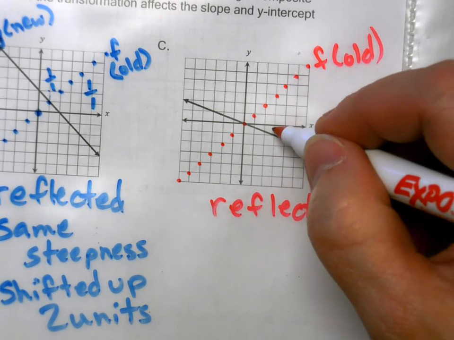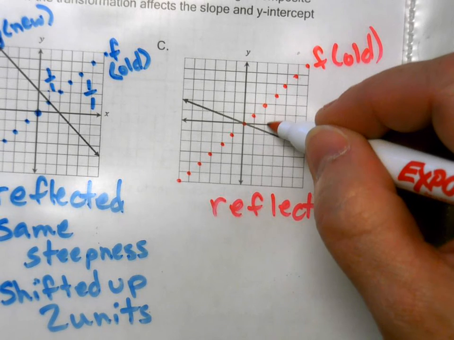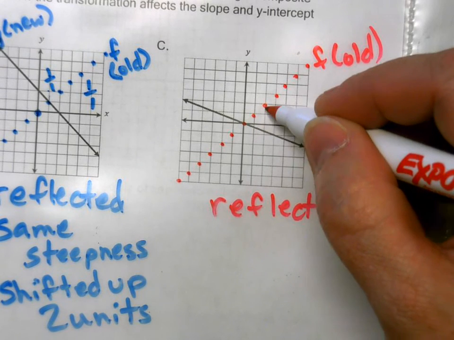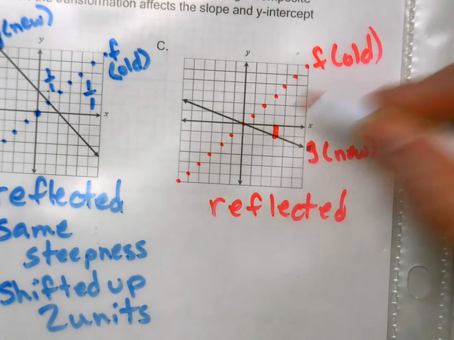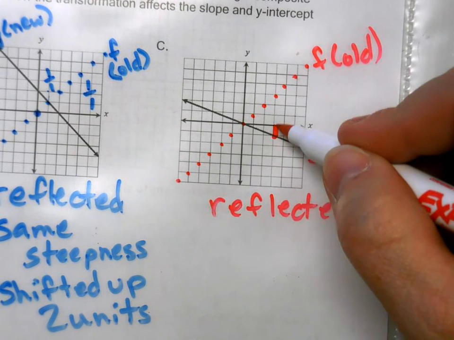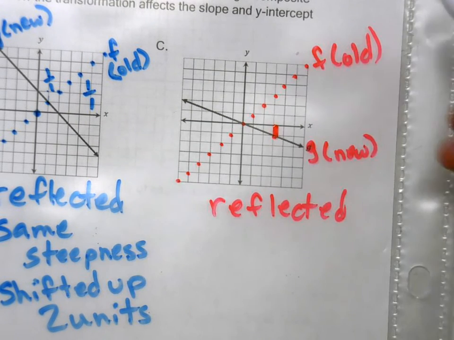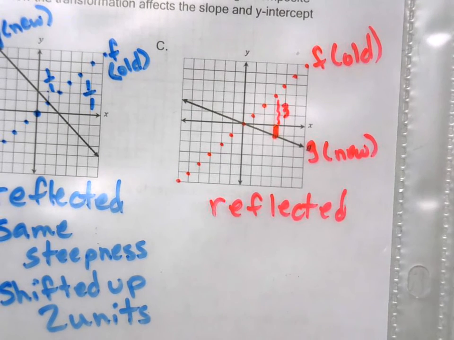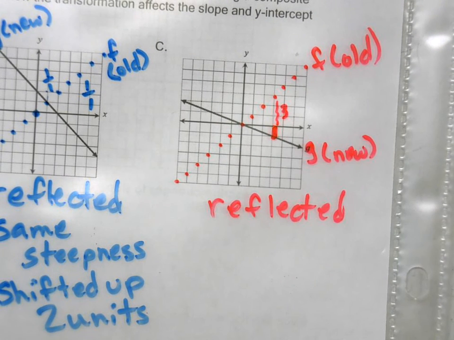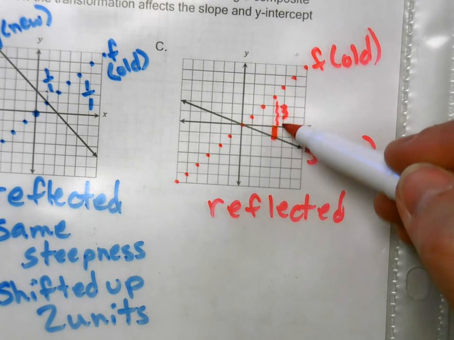So one way you can look at it is if you pick a point on your y-axis, even if it's flipped, and measure. So my new one, on this spot on the y-axis, changes by 1. And the old one went up 3 at that same point, right? So 1 is less than 3.